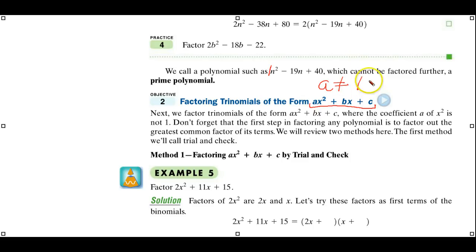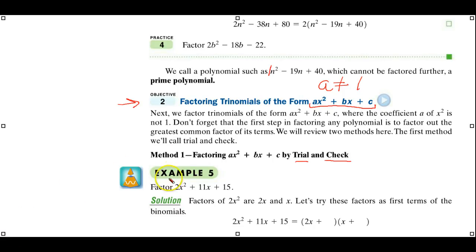How do we do those? Well, this takes us to our second objective, factoring this form of trinomials. And again, here we're particularly going to use this trial and error, guess and check. But I see here they're saying trial and check. I had left that one out.